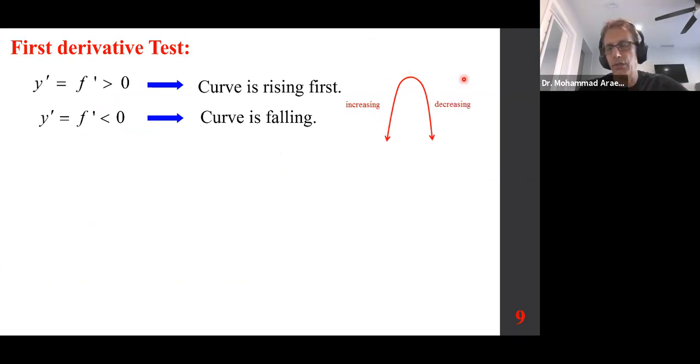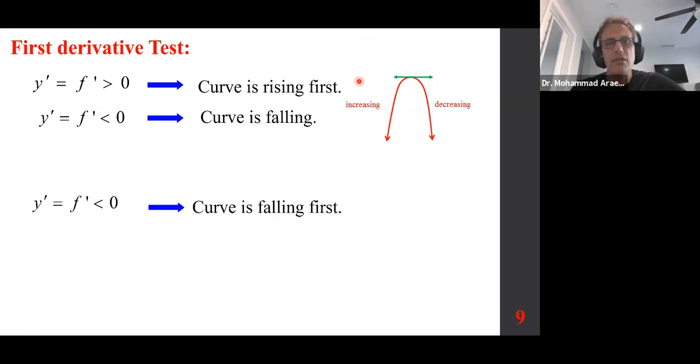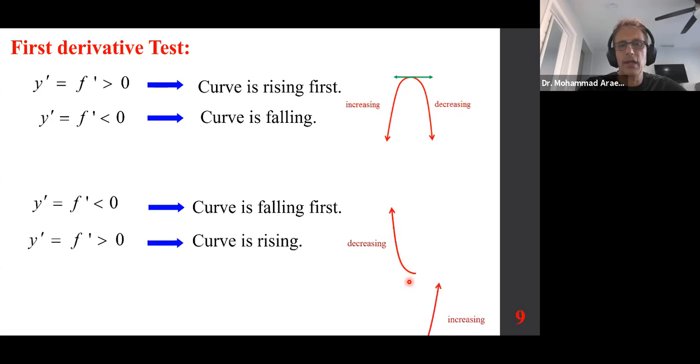That creates a local extremum, which is a local max. If it's the other way around, first it's decreasing, it's falling. Then it's increasing. Again, we have a local extremum. Specifically, we have a local min. Okay, class?